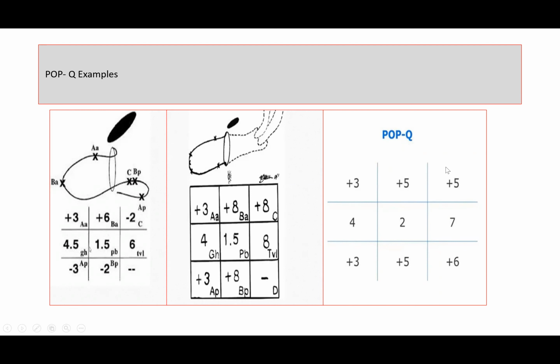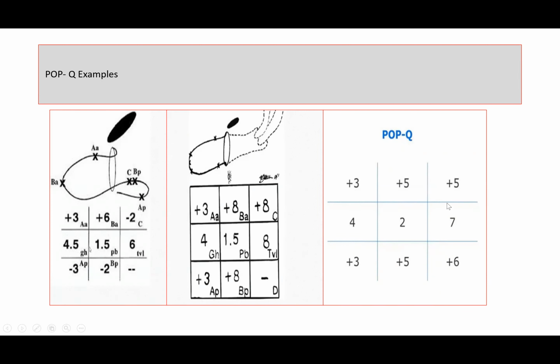And the cervix also, this is stage 4 prolapse. This BP is also stage 4 prolapse. Now D is also stage 4 prolapse, because we know 7 minus 2 is 5. Any value 5 or more will be stage 4 prolapse. And what is stage 3? Stage 3 is more than +1 up to less than TVL minus 2.